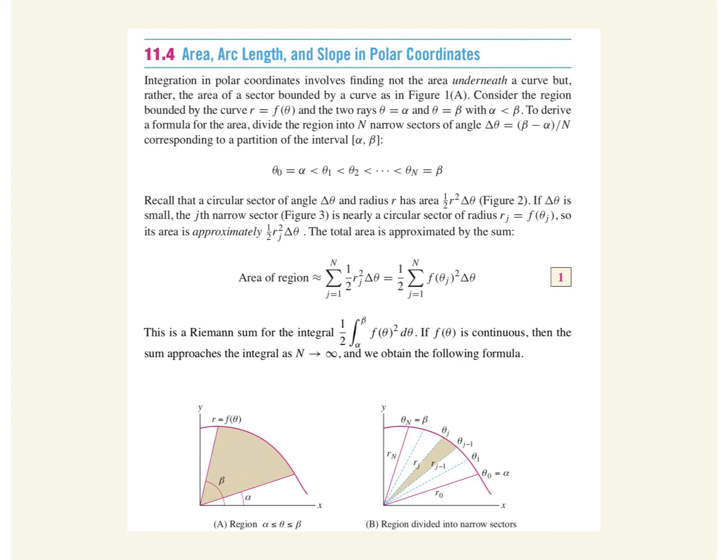If we increase the number of them or decrease the d theta, we approach the same concept. They're using these angles, beta and alpha, to get the smallest sliver we can so we can approximate the entire space.